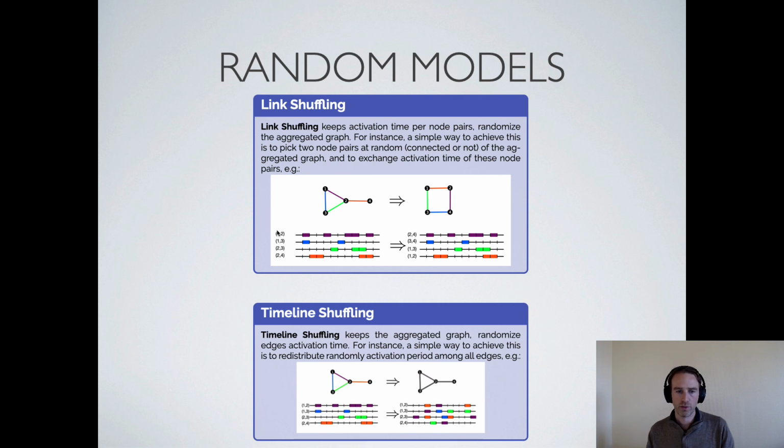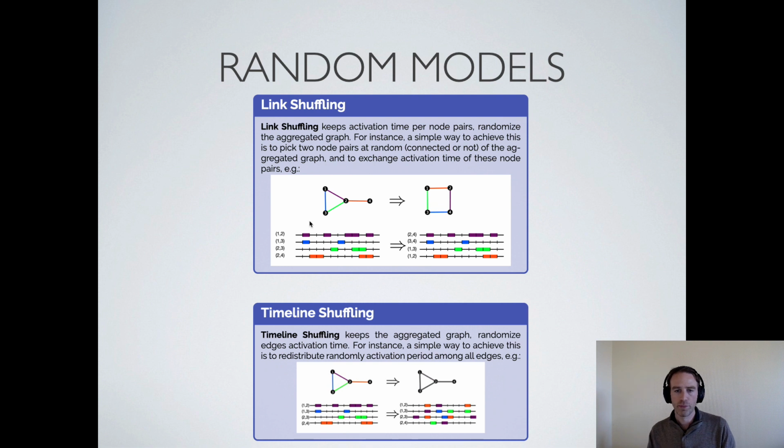The interaction between nodes 1 and 2 occurred during the second step, and then during steps 3, 4, 5, and so on. And for the blue, only two interactions at times 2 and 3, 4, 5, 6, and 7. The idea is to just shuffle the edges on which this occurs.